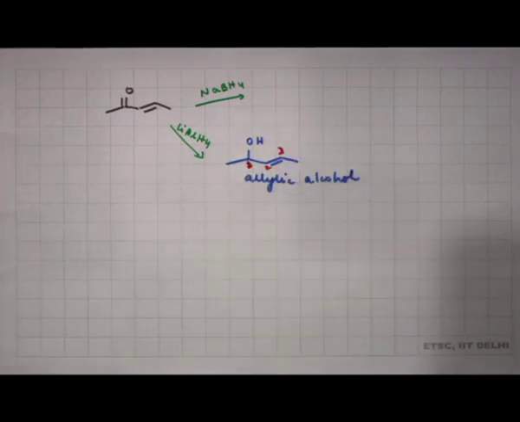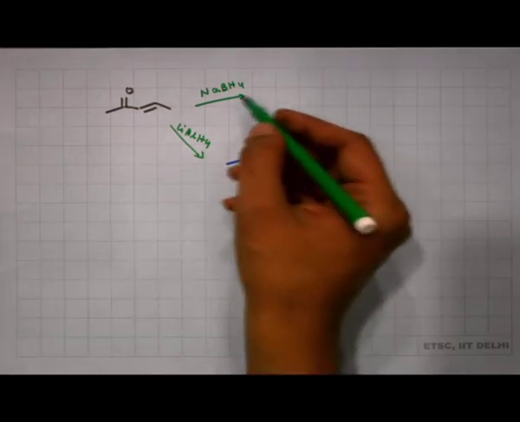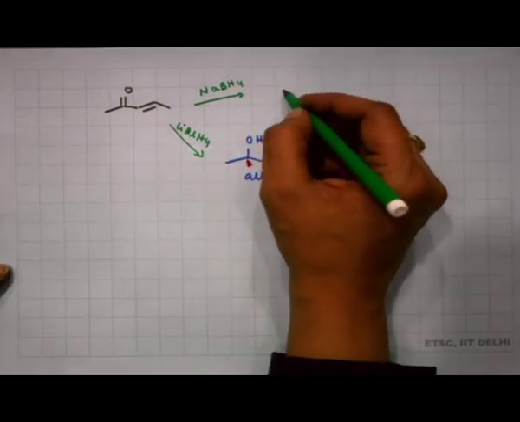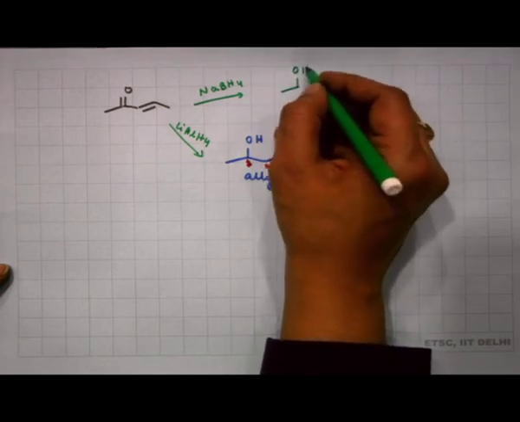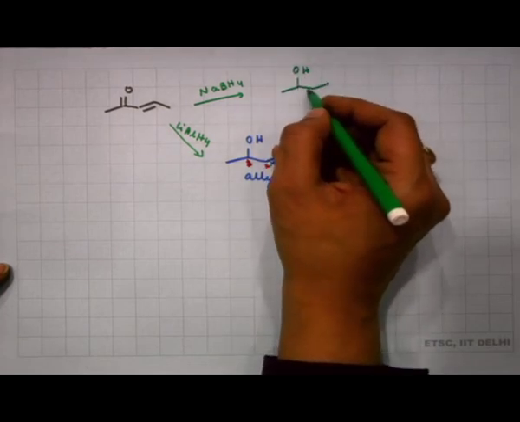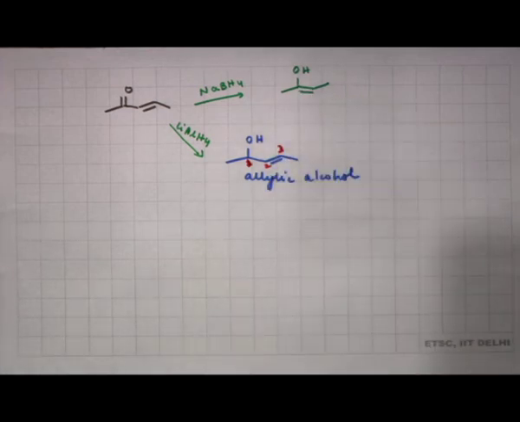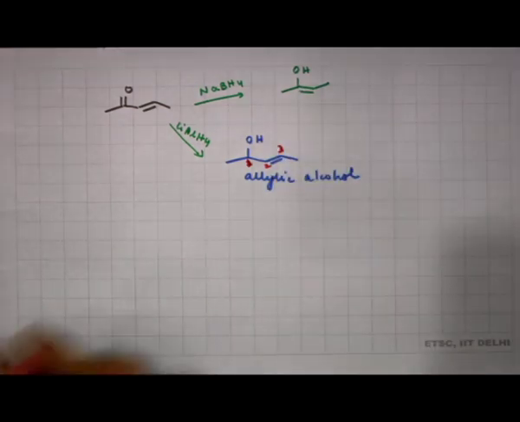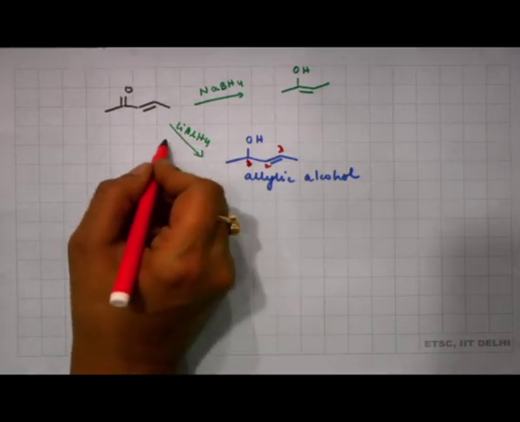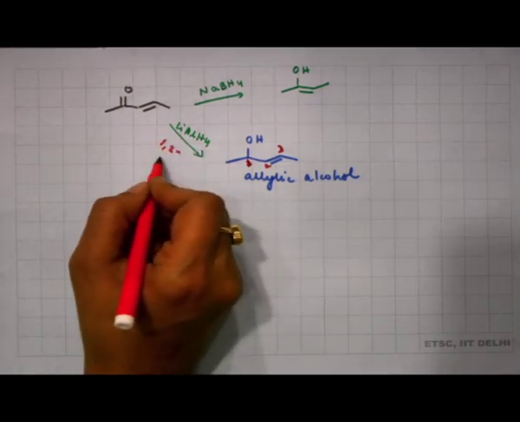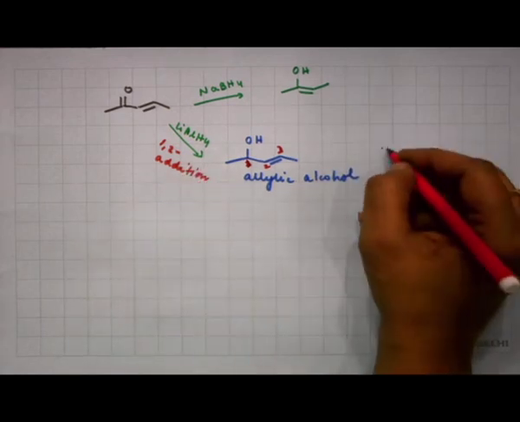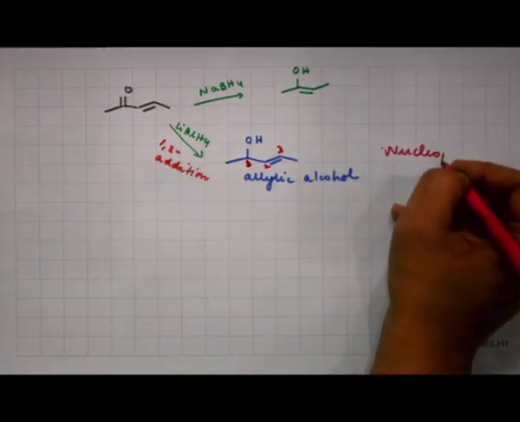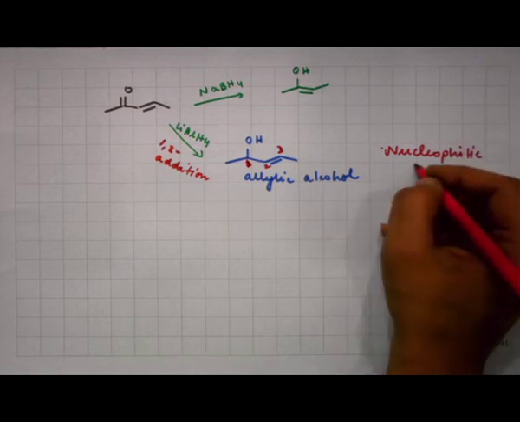So, this is an allylic alcohol, and if you do a reduction with sodium borohydride, the product which you get is this. So, if you just see what is happening, what is the difference? In lithium aluminum hydride you get a 1,2 addition product. The reduction is nothing but a nucleophilic addition of the hydride onto the carbonyl.